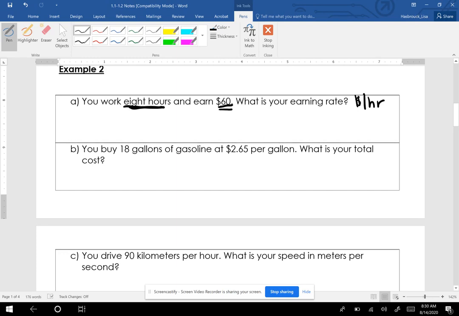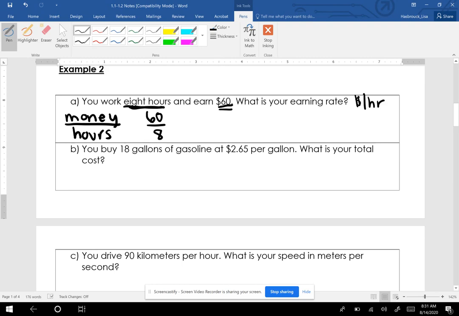Okay. So to figure this out, if it's dollars per hour, how much money you make needs to go on top of a fraction, and the number of hours you work goes on the bottom. So we have 60 over 8. You can reduce this down.